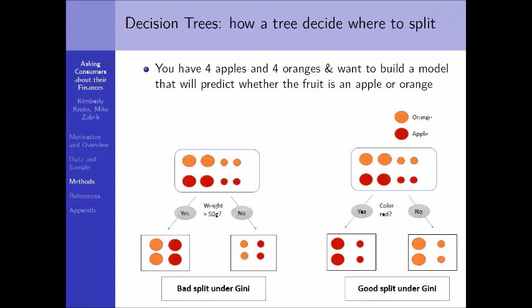If you had 4 apples and 4 oranges, and you wanted to build a model that would predict whether the fruit is an apple or an orange, the split on the left-hand side would be a bad split under Gini, because you still have half apples and half oranges in your sample. This one would be a good split, because you've been able to split to exactly 100% with both of your classes.